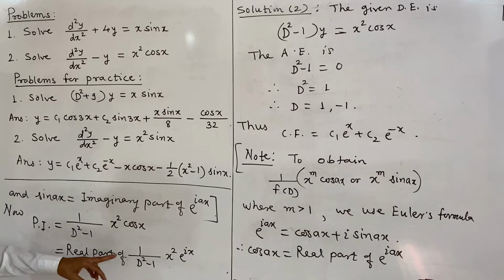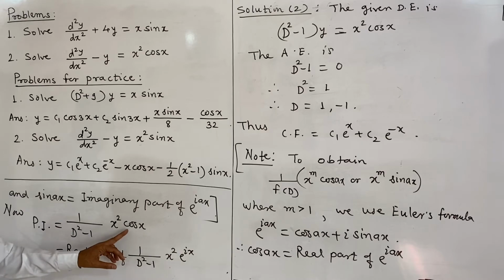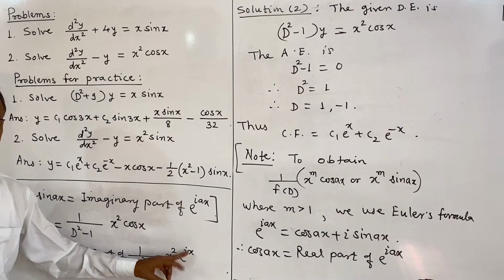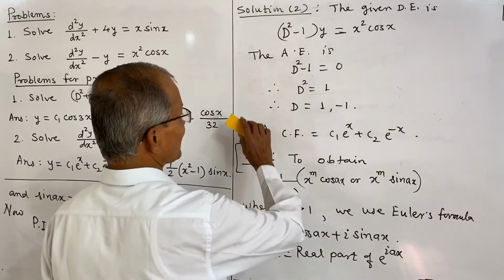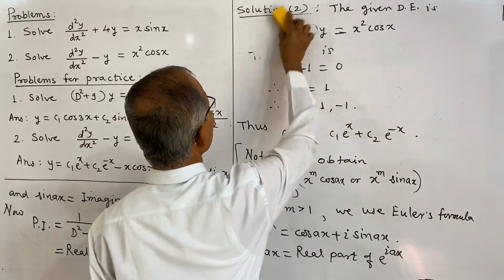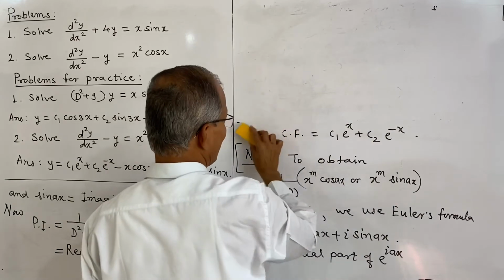If it is cos 2x, then this will be x square e power i into 2x. That is to be noted. A is here 1, and further that can be evaluated.